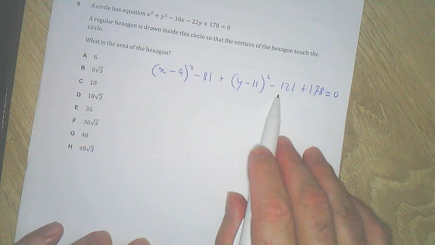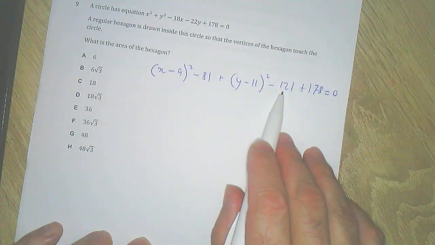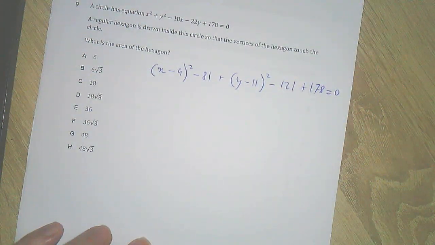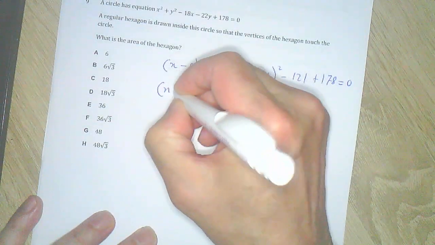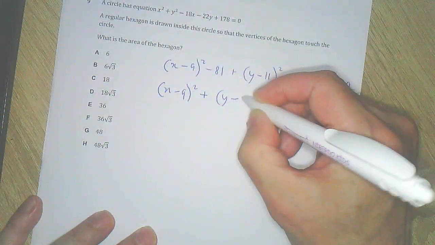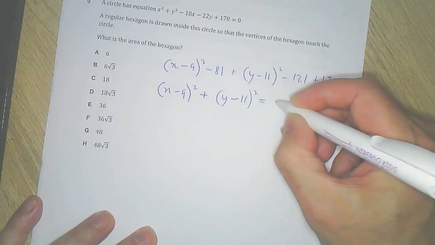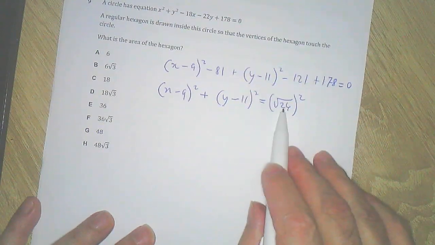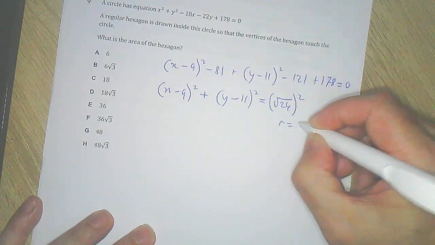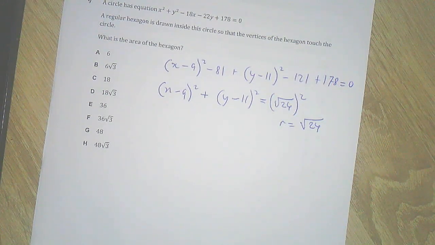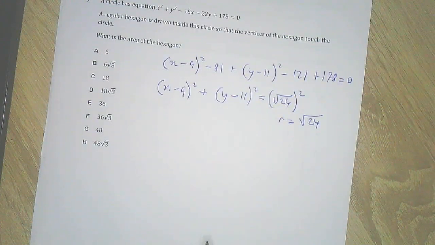These two, when you add them up, you're going to get 202. 178 minus 202 is minus 24, so we're going to get x minus 9 squared plus y minus 11 squared equals the square root of 24 squared. So the radius, let's write it down, r equals root 24. So we've got the radius of our circle, and we're not concerned that the center is at 9, 11.